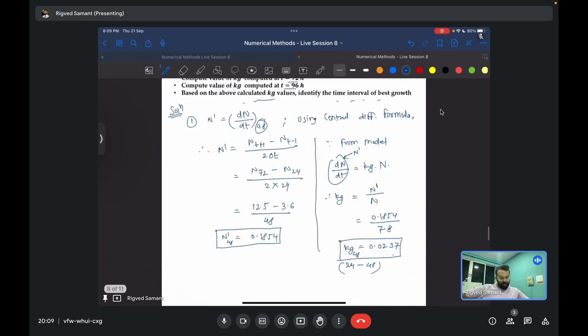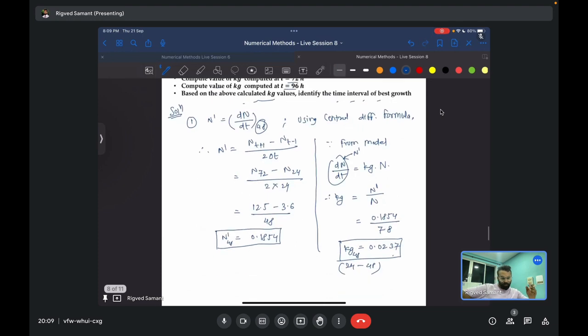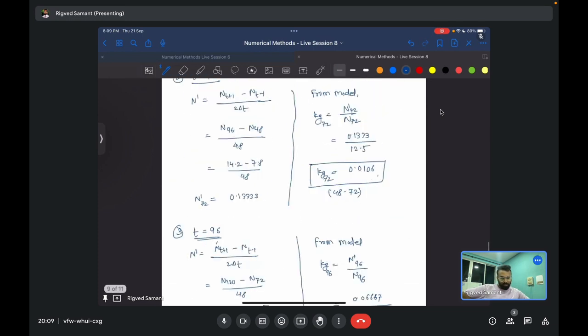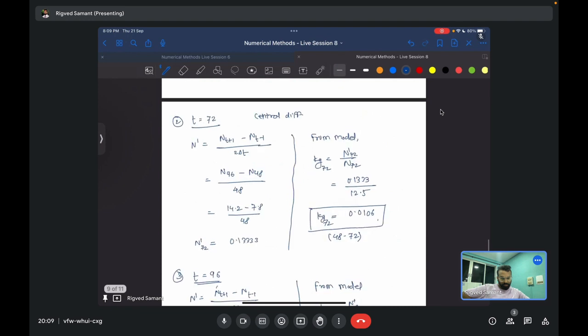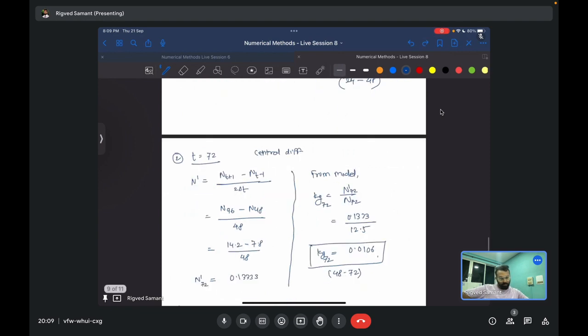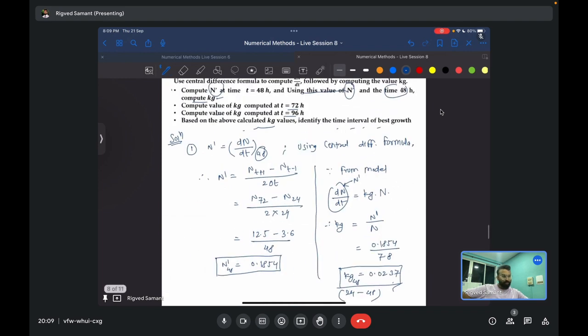So what is the best one? Identify the best growth, right? Best growth means the highest value. So the highest value here is this one, sorry, this one. So 24 to 48.